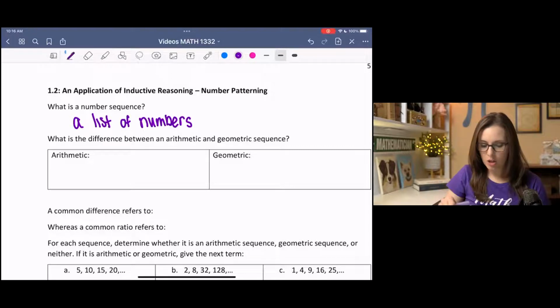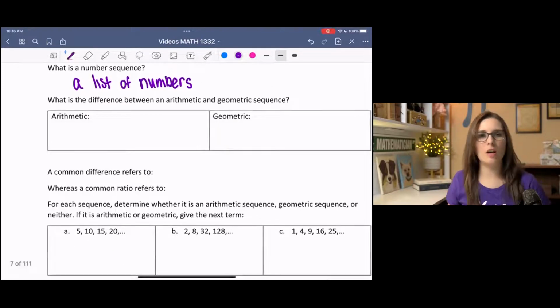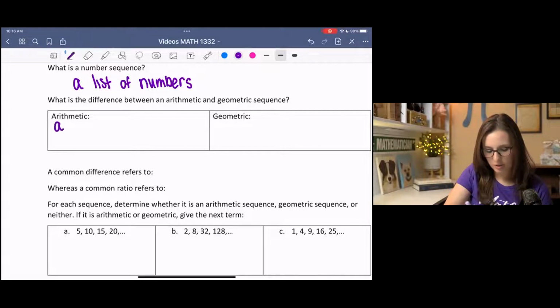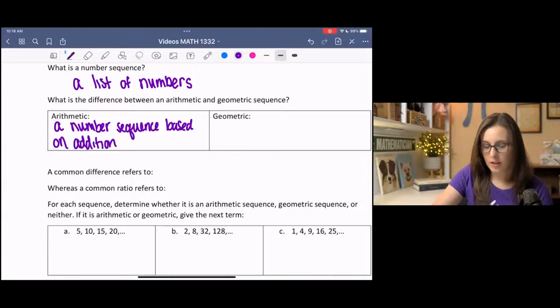So two sequences that you're going to see a lot in mathematics are arithmetic, looks like arithmetic, but pronounced arithmetic, and geometric. So arithmetic is a number sequence based on addition. Not just any addition, but addition of the same number over and over.